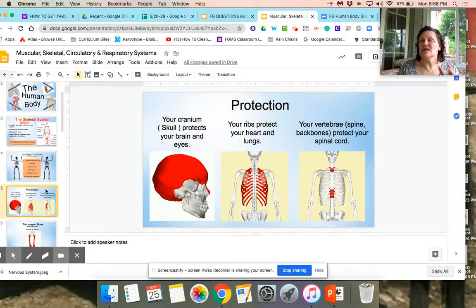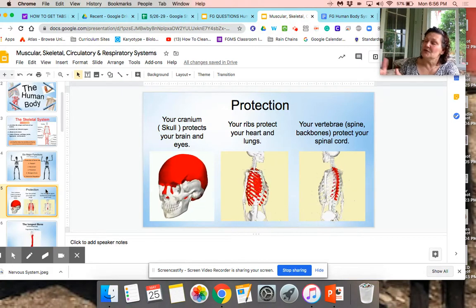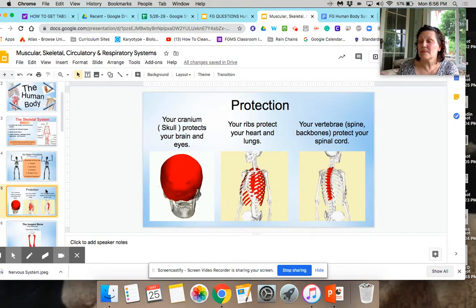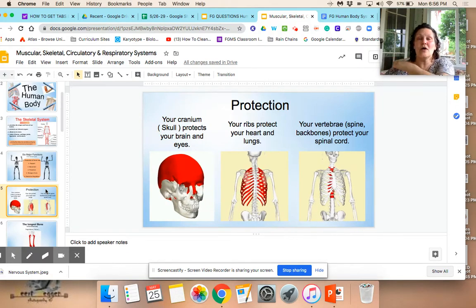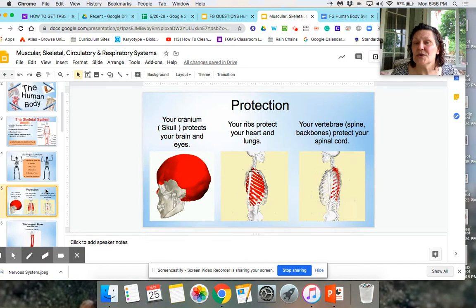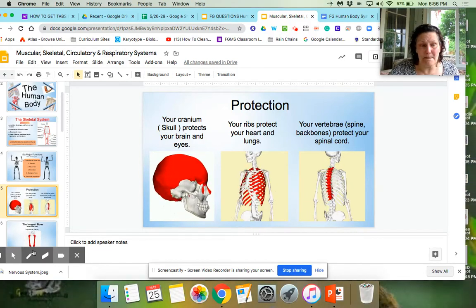If you burn your hand on a pot, say you're making rice at home, the neurons are basically alerted, and that will go all the way up your arm, to your spinal cord, and then up to your brain. So it's really important that the spinal cord be protected.